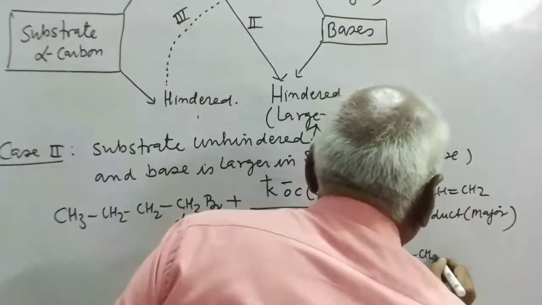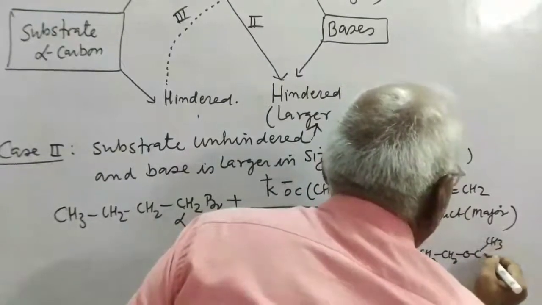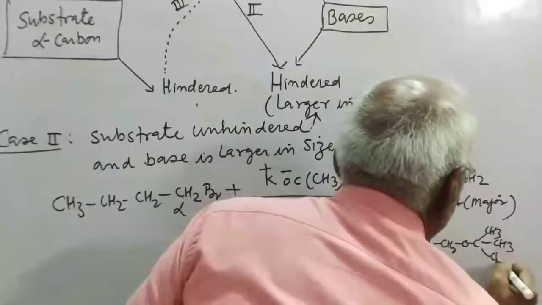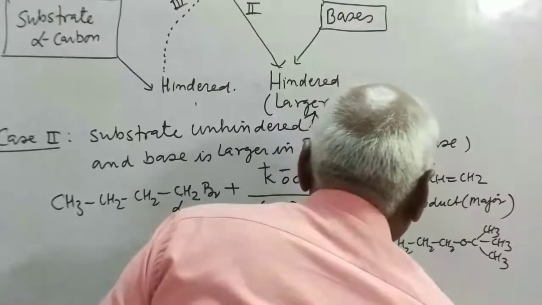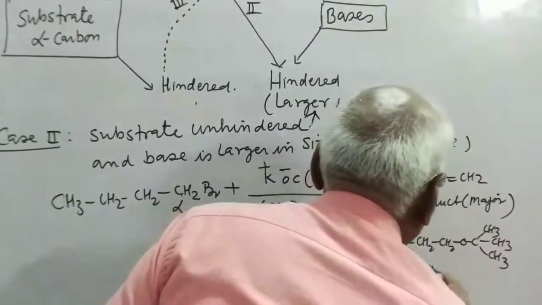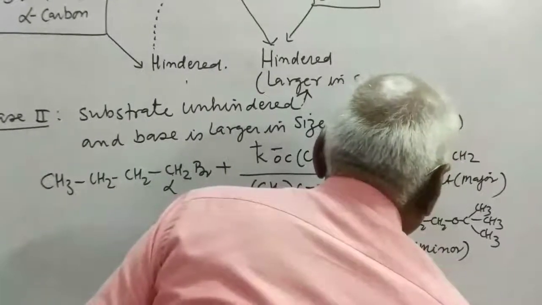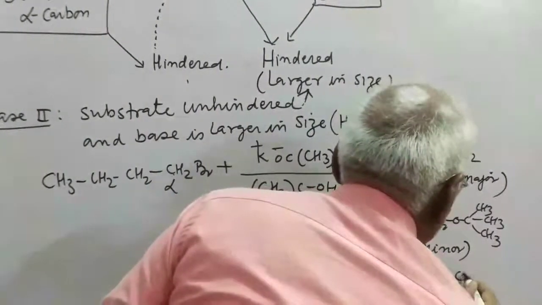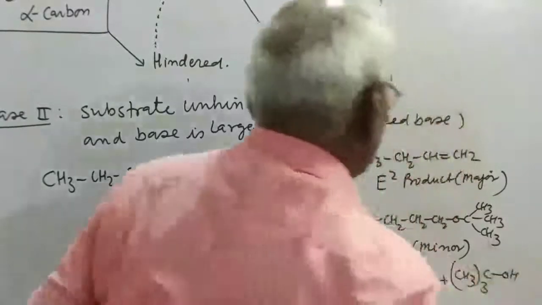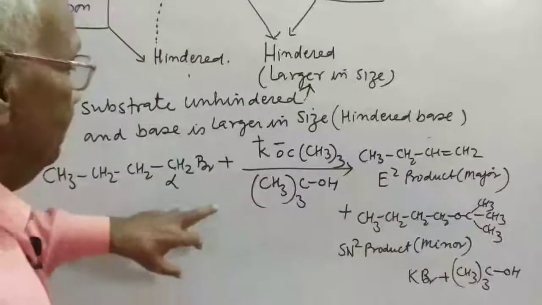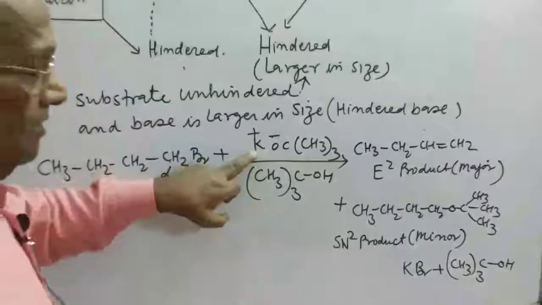This is the SN2 product, minor. Potassium bromide plus tertiary butyl alcohol, (CH3)3COH. So a change of base changes the priority of the product.